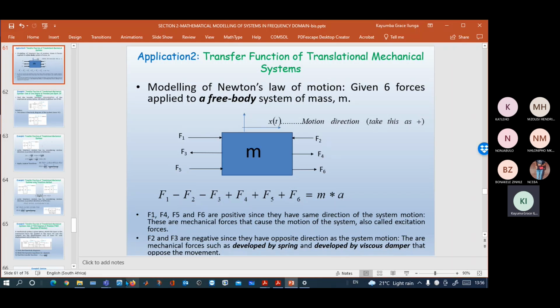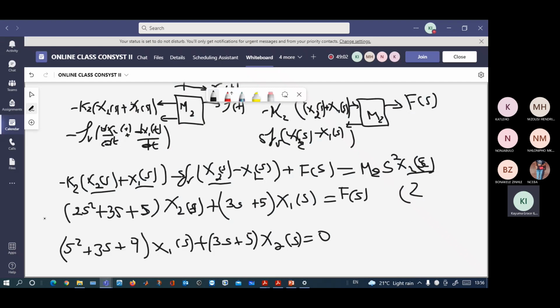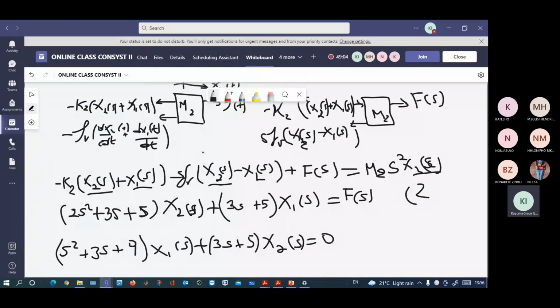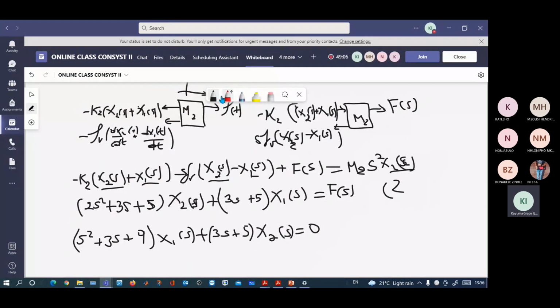Yeah, do you get it? So let's now go back to our problem. Let's say we have this free body diagram. Let me put it back the way I put it before. So this one is minus, and this one also. Let me put it as it was before so you can understand it better.